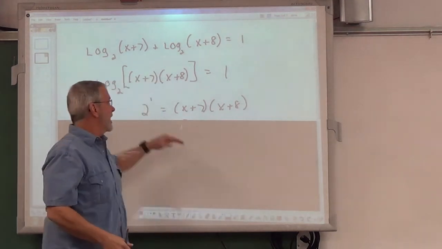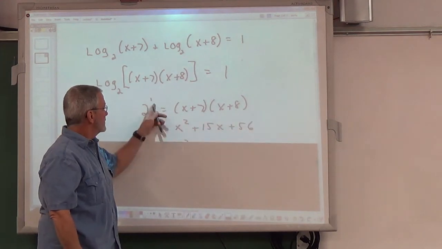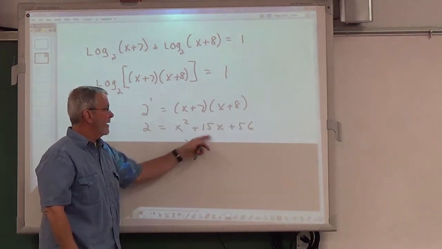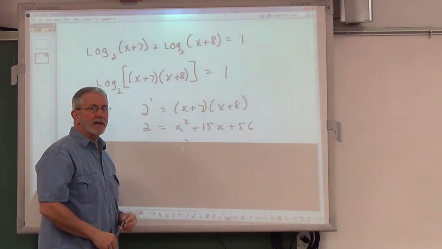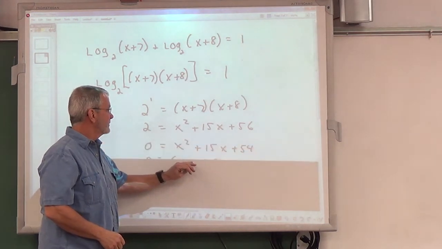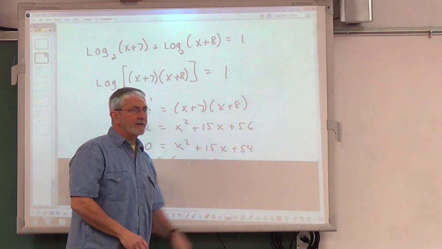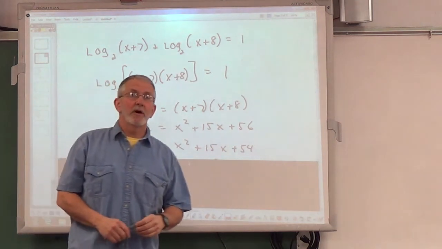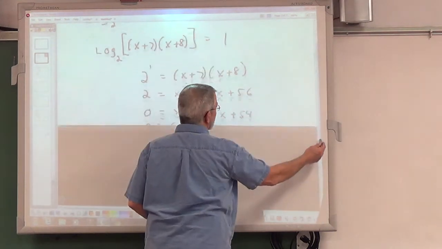And now we're back to a fairly simple algebra 2 problem. So 2 to the first power is 2, multiply that out. Here I have a quadratic equation. How do I solve a quadratic equation? Yes, set it equal to 0. This is a nice one that factors. You may encounter one where you have to use the quadratic formula. Fear not, just use the quadratic formula.